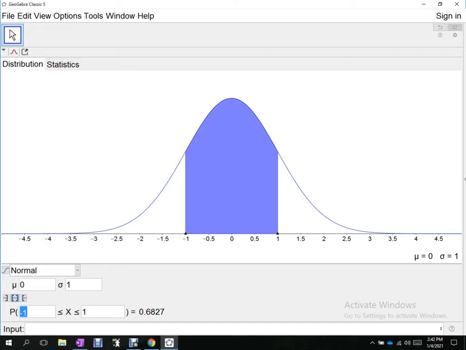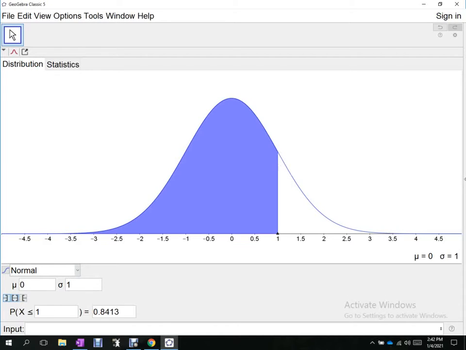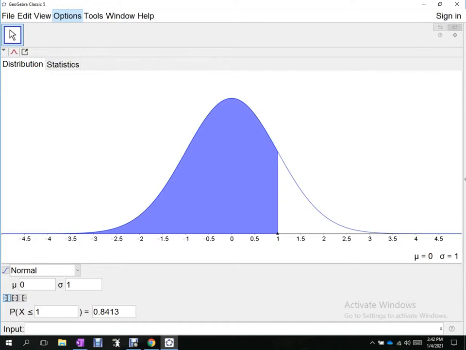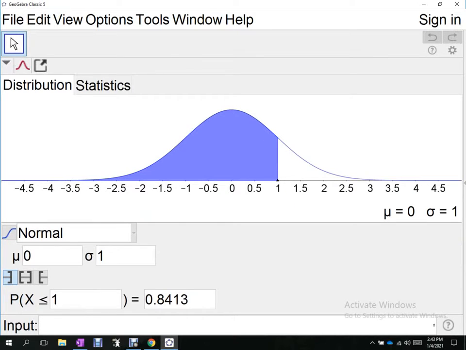But what's nice about this is you can type in, so you see these three little boxes down here, right? I can click those.